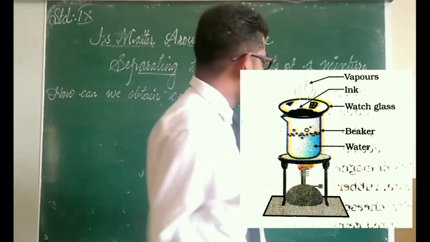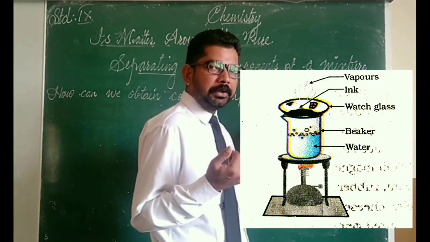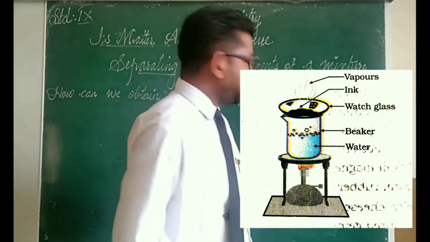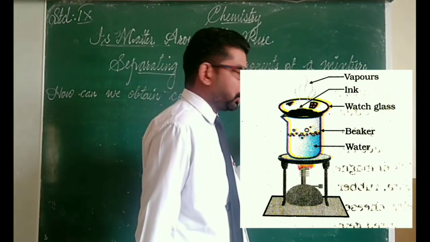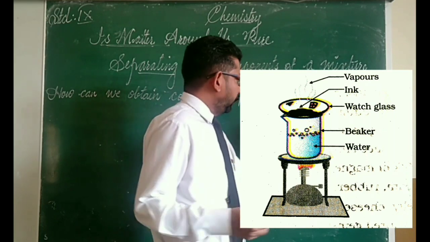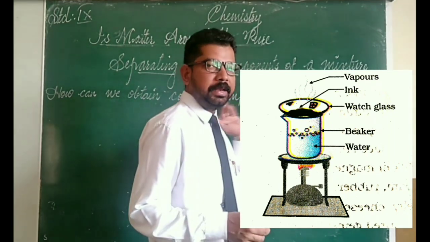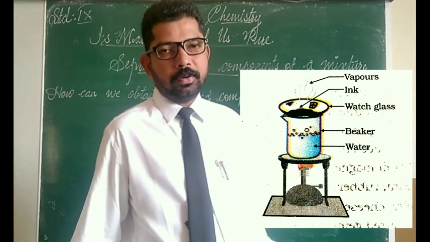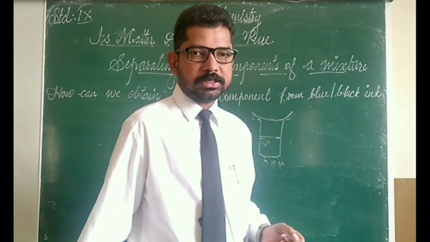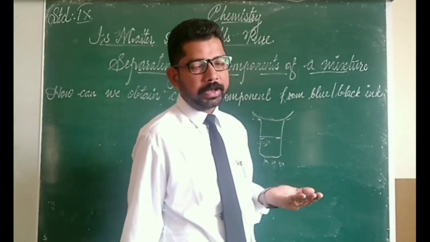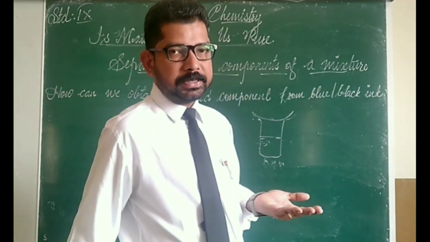If we continue for some more time, we can see either a black or blue color stain on the watch glass. Actually, that is a non-volatile component. That component cannot be vaporized.